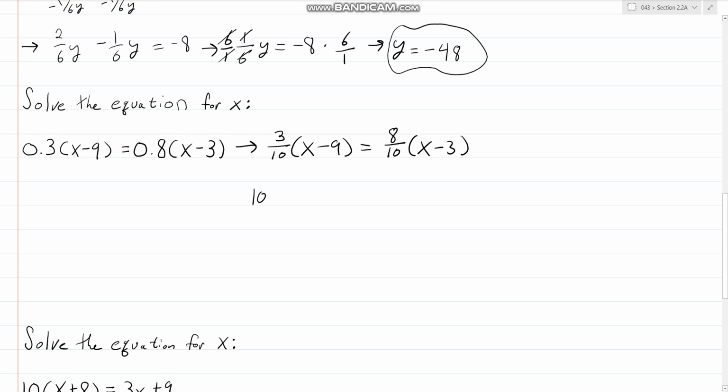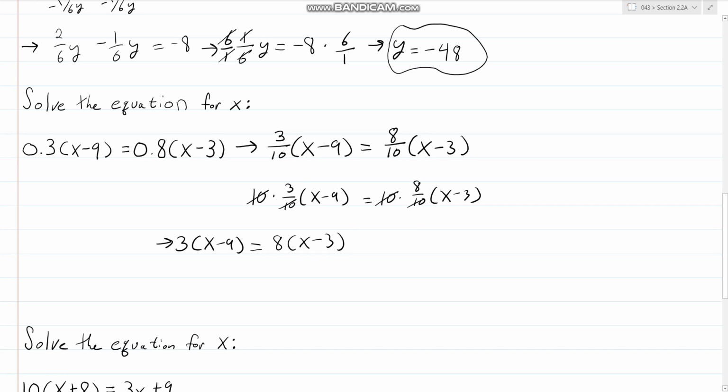I can go 10 times 3/10 times x minus 9 equals 10 times 8/10 times x minus 3. If I can add to both sides, I can multiply both sides. It's just that easy. So this reduces to 1, and when I do that, I don't have fractions anymore to deal with. So now I have 3 times x minus 9 equals 8 times x minus 3.